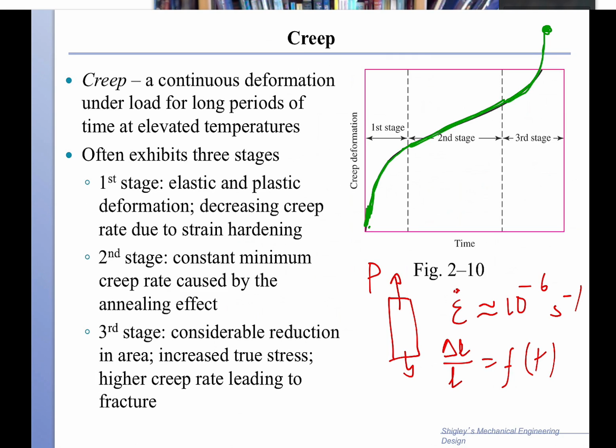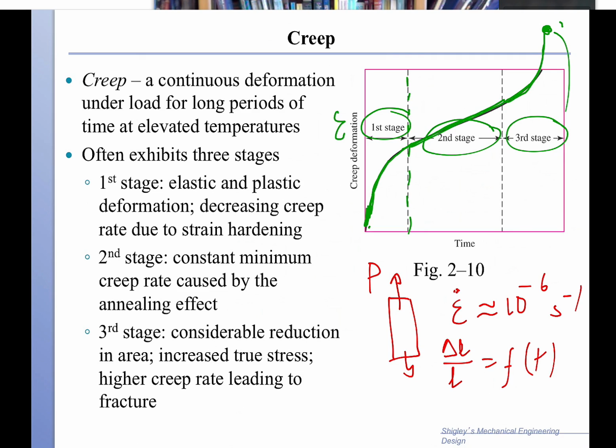So we divide the creep strain, this is strain epsilon, into 3 regimes. One regime here is an initial first stage creep, which is sometimes called transient creep. Second stage is called the steady state creep, and third stage is the creep rupture stage.